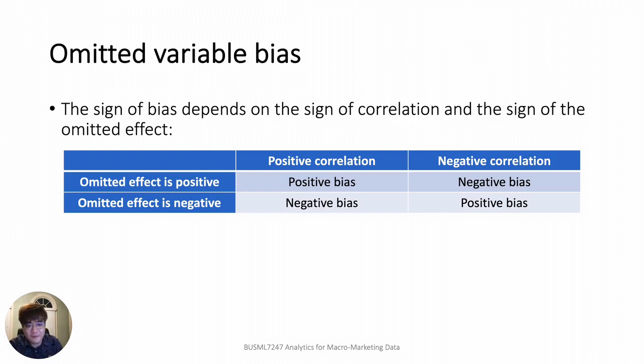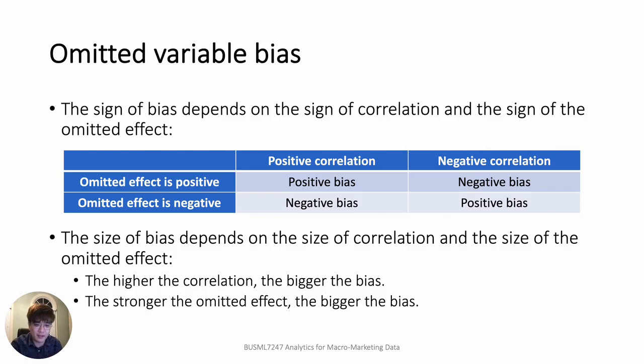If the omitted effect is positive and the correlation between the endogenous and omitted variables is also positive, then a positive bias is expected. If both are negative, then the bias will be positive. However, if the signs are opposite to each other, the negative bias is expected.